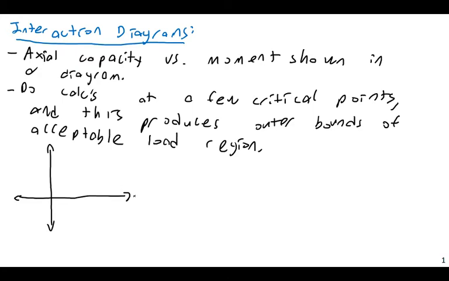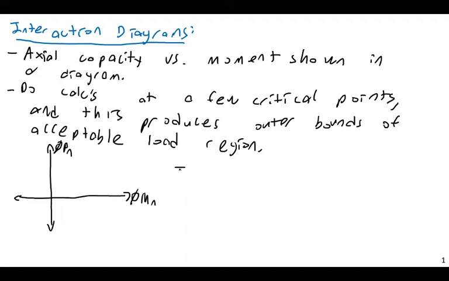Let's say I have phi Mn here, the factored moment capacity, and phi Pn here, the factored axial capacity. What this basically comes down to is that the more capacity we're using for axial, the less capacity we have for moment, and vice versa. Because again, we have learned previously that both moment and axial force are carried by axial stress.